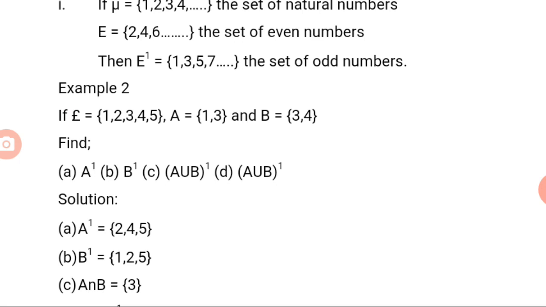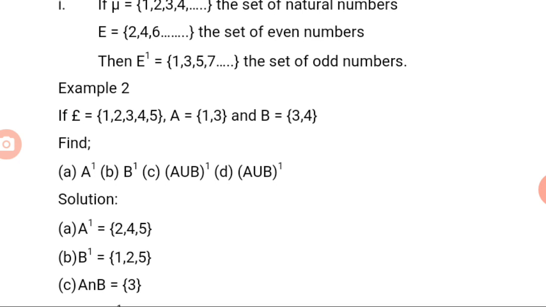And from here, we can see that we have 2, 4, and 5. These 2, 4, and 5 are in the universal set but are not in set A. So we call it A complement. Dear students, are you understanding what I'm saying? Can we move forward?